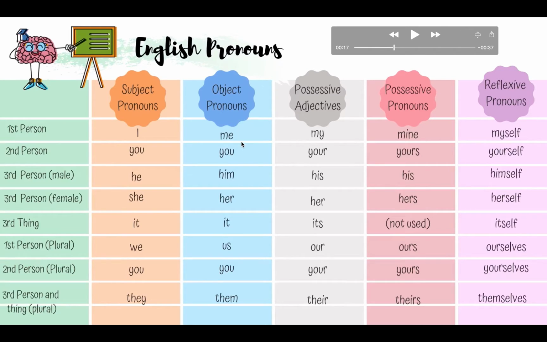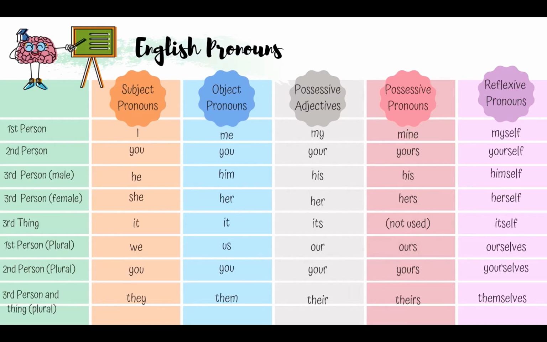Object pronouns: me, you, him, her. Possessive basically means that something belongs to you, so you've got your possessive adjectives and your possessive pronouns. And reflexive pronouns, so things that you do to yourself. All right, I dress myself.